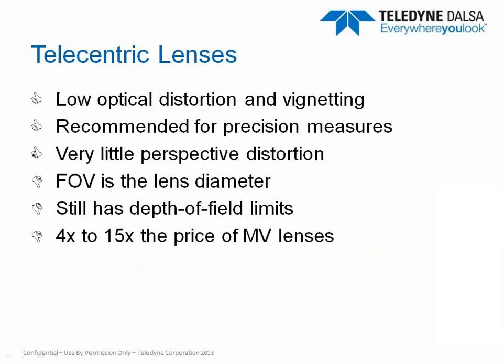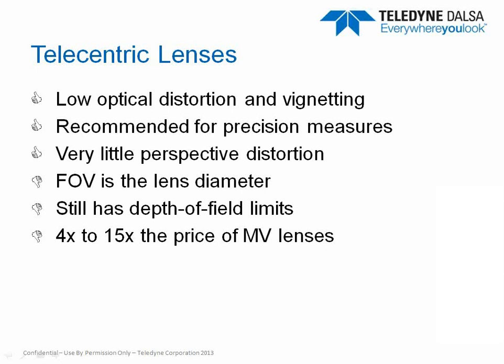When you're doing measurements, stick to telecentric lenses, especially for high accuracy. They have low optical distortion and vignetting. Very good for precision measurements. Very little perspective. One of the drawbacks is the field of view is the length of the diameter, because if you can picture what you're trying to do, you're bringing that field of view straight up to the lens instead of trying to bend it to fit a 5-inch field of view into 2/3 of an inch image.